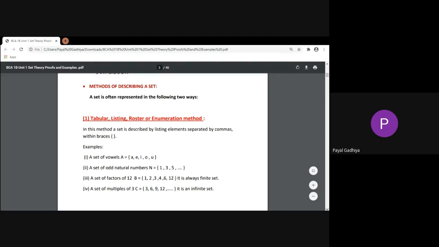No, multiples will not contain element 1. No, it will start from 5 only. Multiples means what? It is the table. Whatever table we are creating, like 5 ones are 5, 5 twos are 10, 5 threes are 15. So the multiple set will be 5, 10, 15, 20, 25, and up to infinity. Yes, this is multiples. So one will not be a part of multiples.